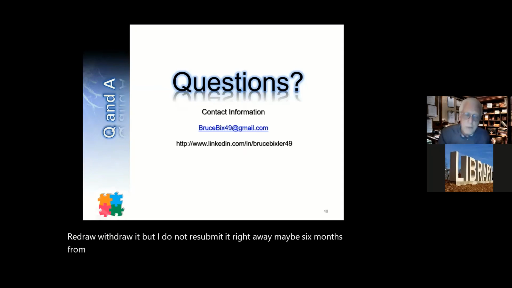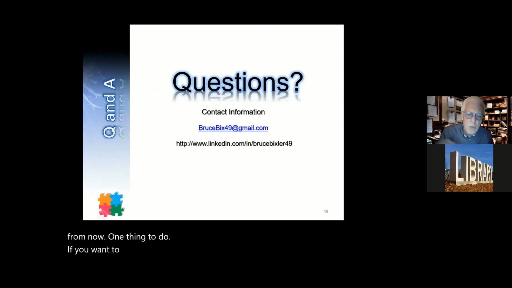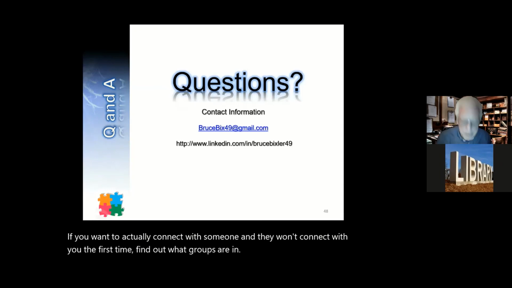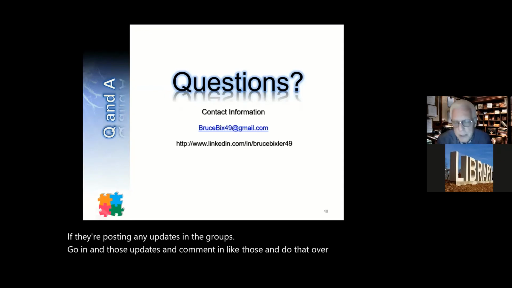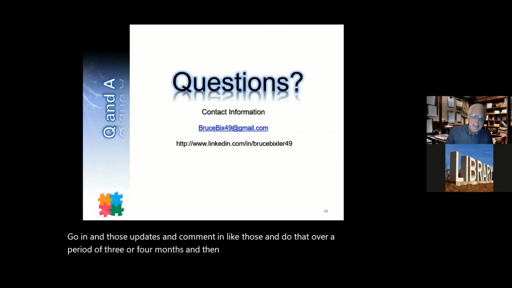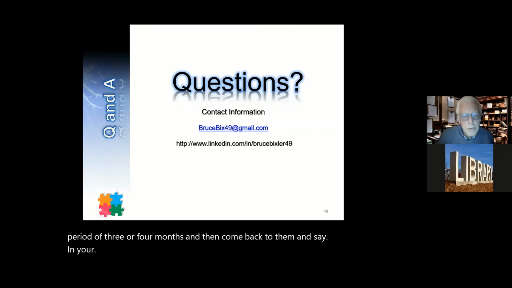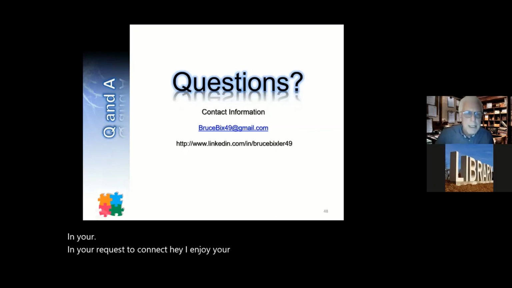One thing to do, if you want to actually connect with someone and they won't connect with you the first time, find out what groups they're in. See if they're posting any updates in the groups. Go in on those updates and comment and like those, and do that over a period of 3 or 4 months, and then come back to them and say, in your request to connect, hey, I enjoy your articles in this group.